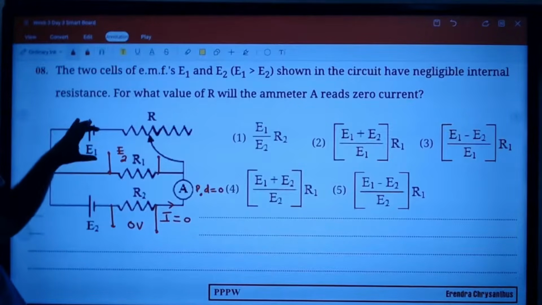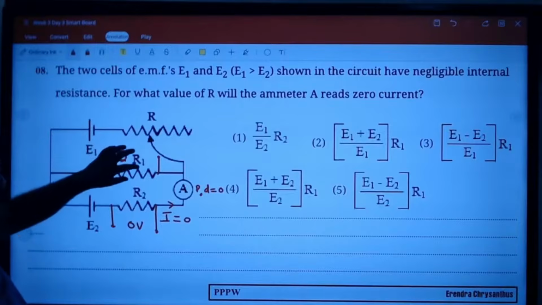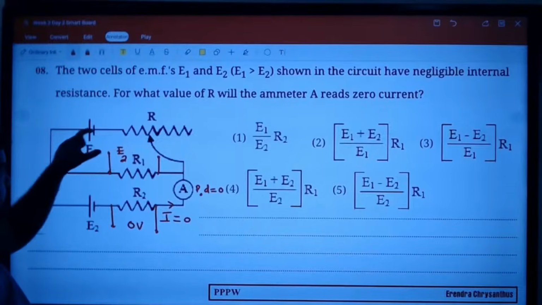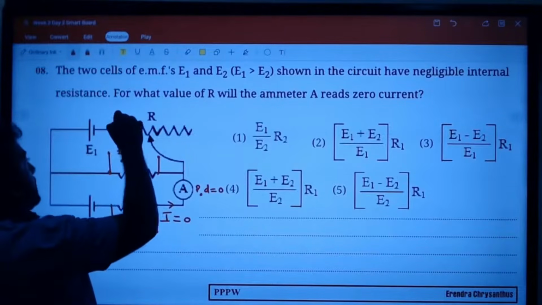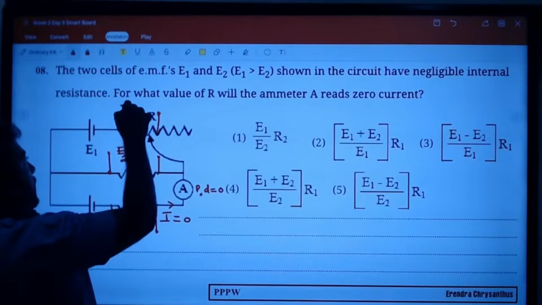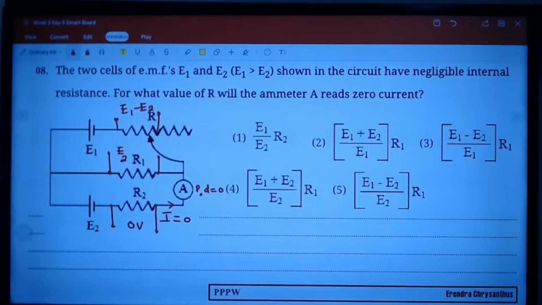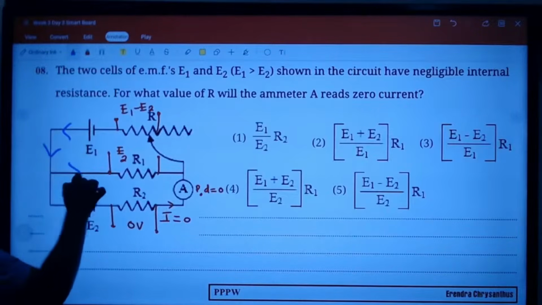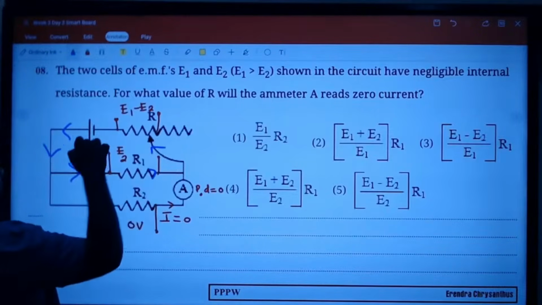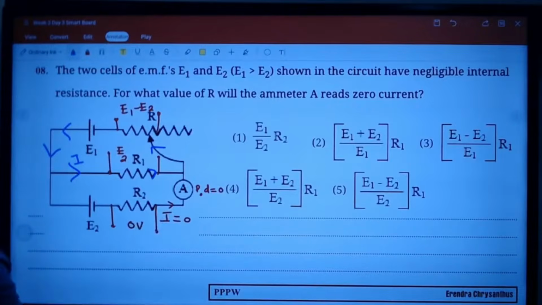Now E1 is giving energy to this. E2 is here, so the remaining will be across the resistor. No? The remaining E1 minus E2 will be across the resistor. Right. So now you can apply it and find the current also, because current will go through only this, not across that, current is 0.